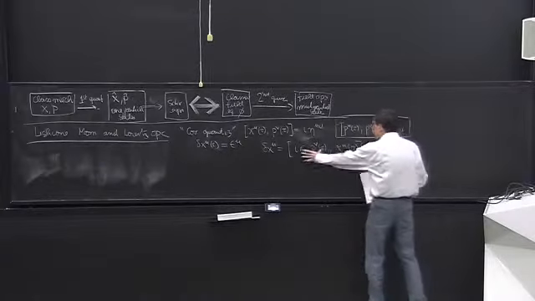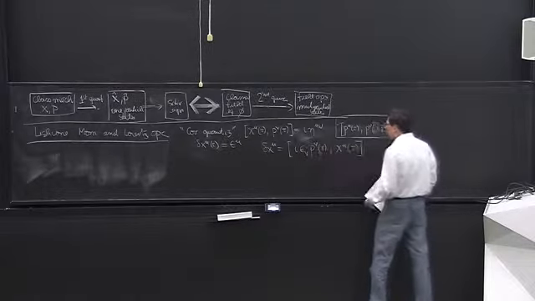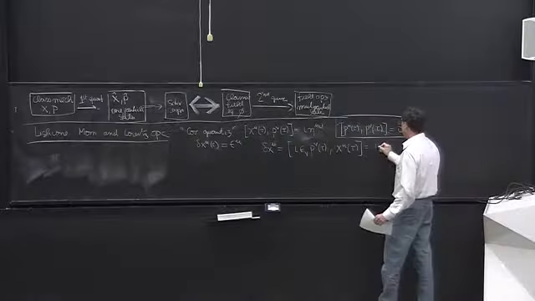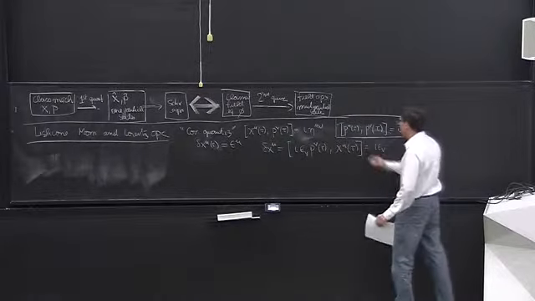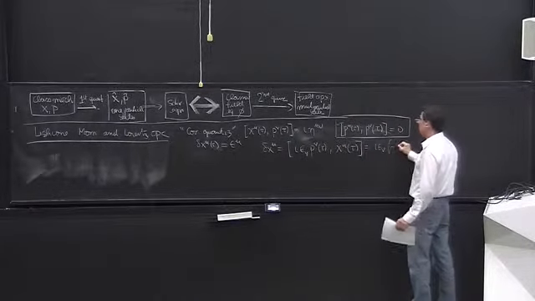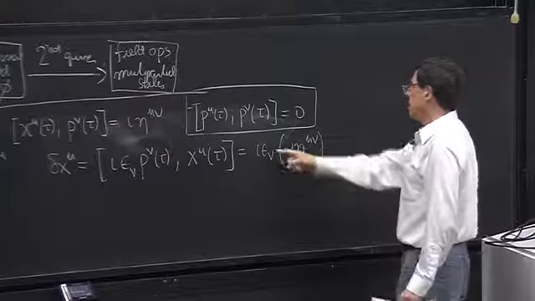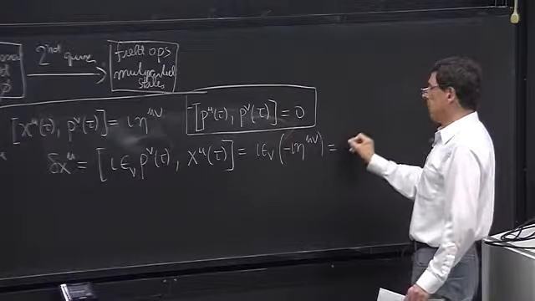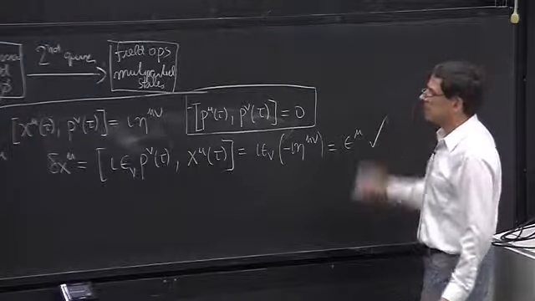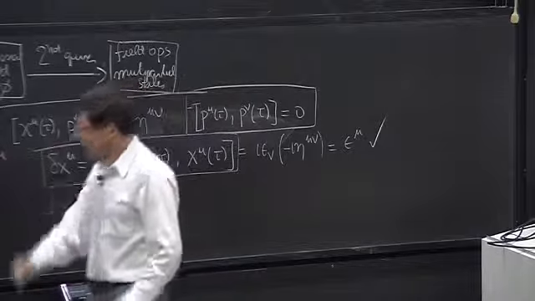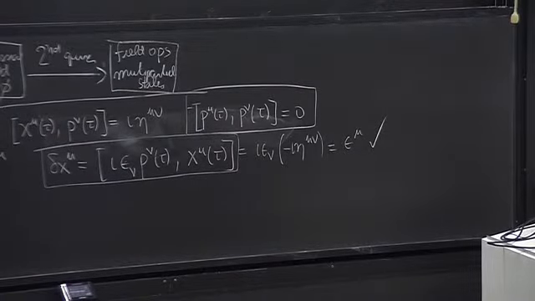So the momentum, we say, generates translations. And if we do this commutator, we certainly get i epsilon nu, and then these two things give you minus eta mu nu i. So you get epsilon mu, indeed. So this is fine.